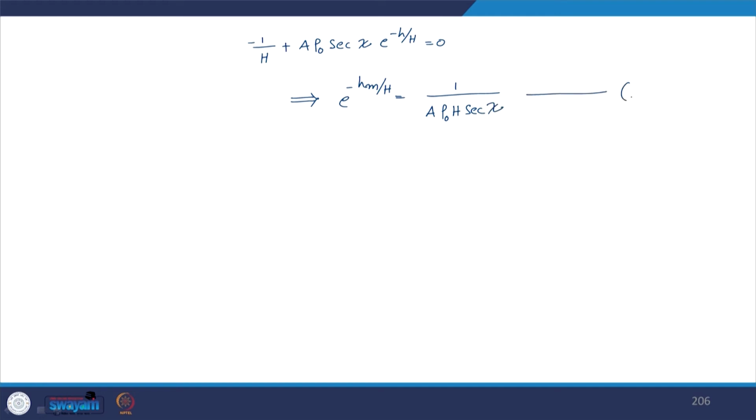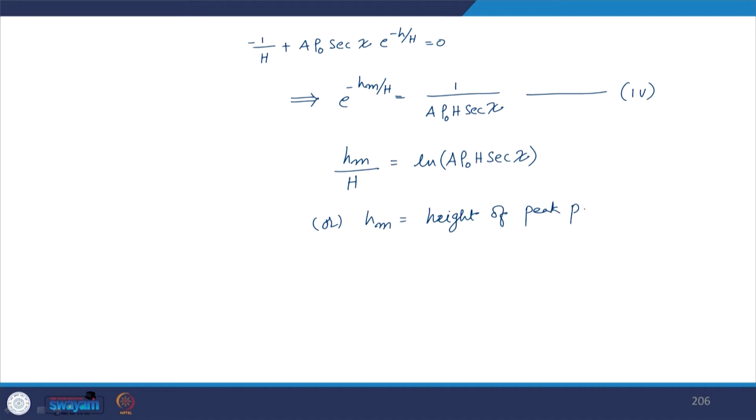Let's call this equation 4. So we can write hm by capital H is equal to ln of a rho naught H secant chi. What is hm? hm is the height of peak production, or where Q is equal to Qm. That's it.